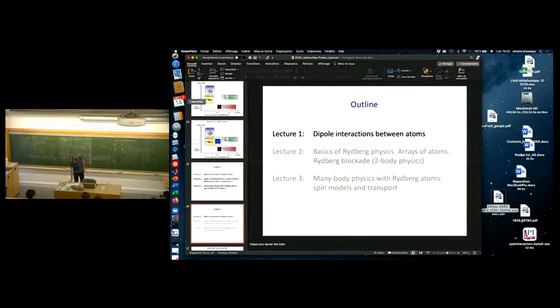All right, so now let's look at a small toy model. And this toy model is nice because it already gives you all the essence of what is a van der Waals and what is a resonant dipole-dipole interaction.